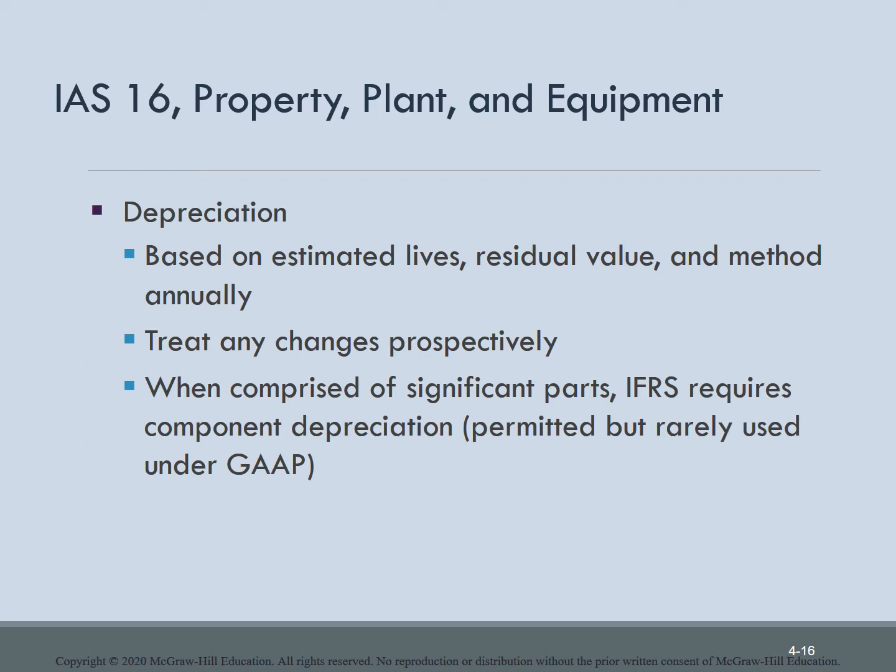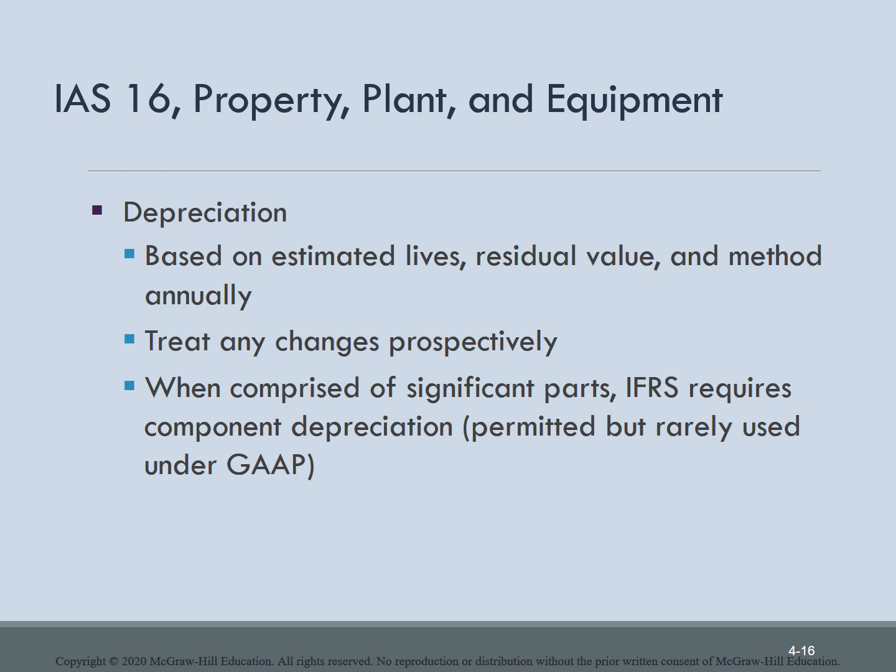All right, so another difference has to do with depreciation. Like GAAP, depreciation is going to be based on an estimated useful life, an estimated salvage or residual value, and we're going to be doing it annually using one of the standard methods.